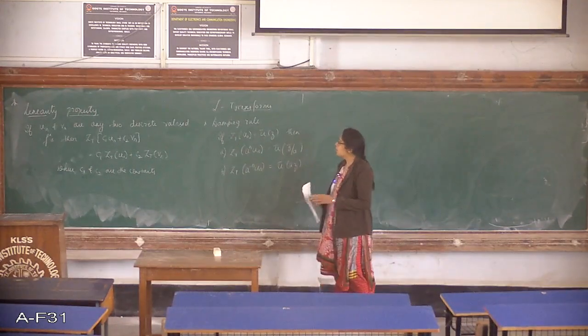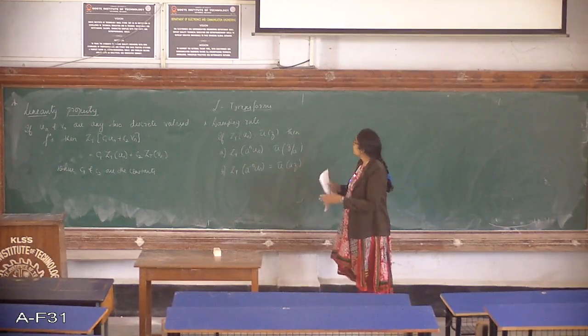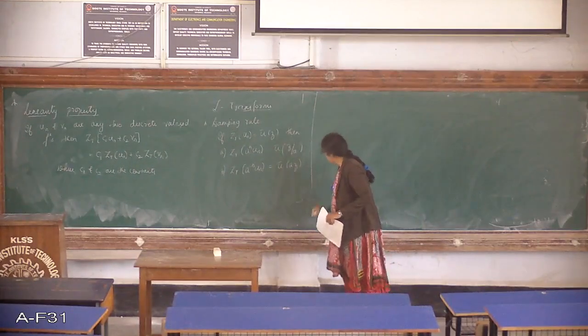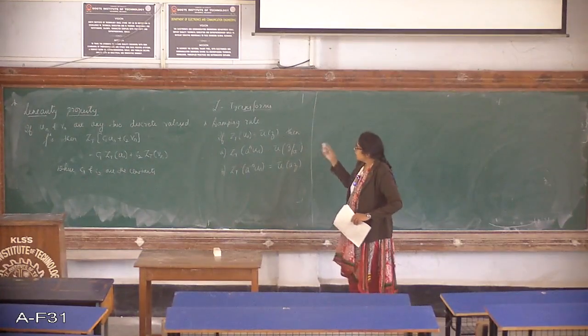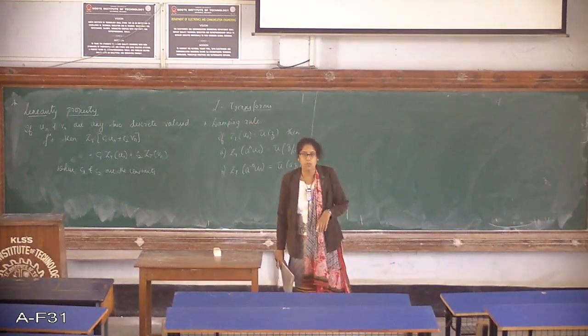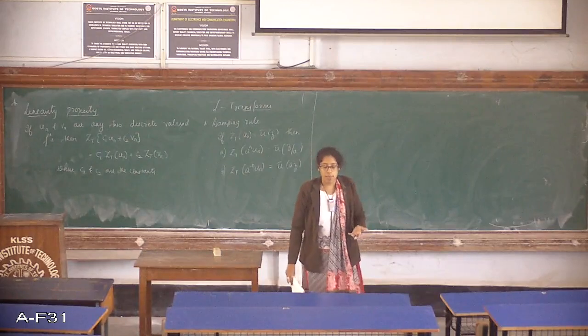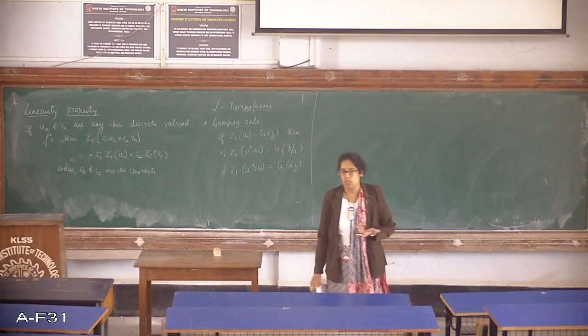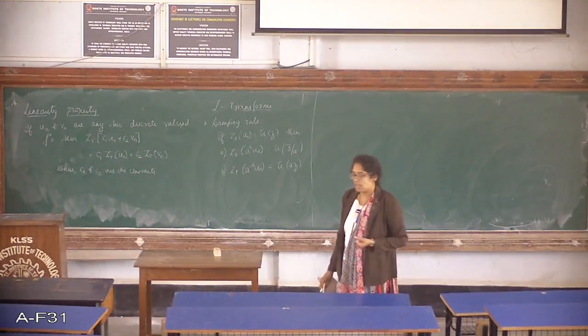These are the two rules which come under the damping rule. This damping rule we shall be using to find the Z transform of hyperbolic functions, say cos hyperbolic and sine hyperbolic.